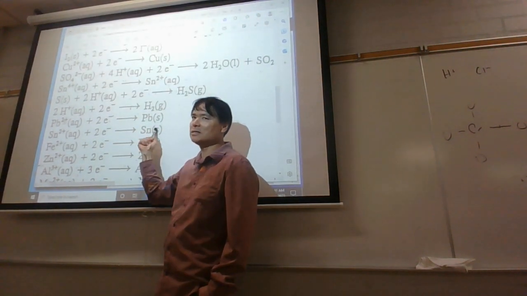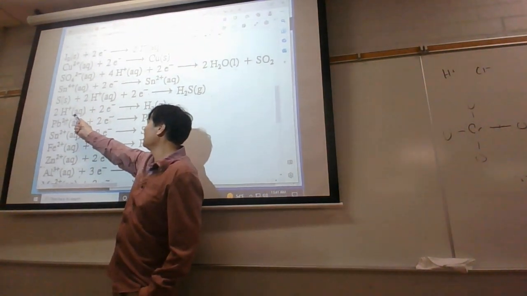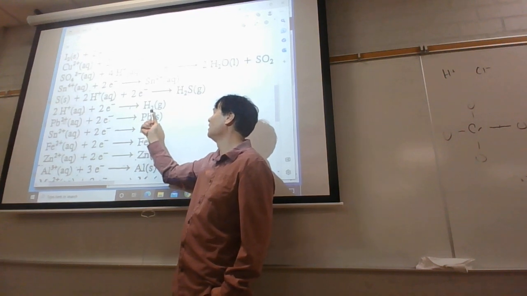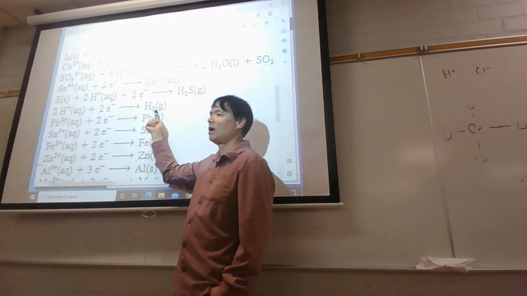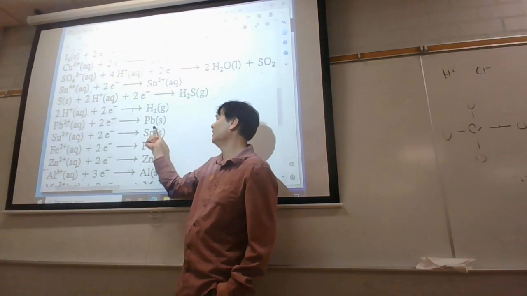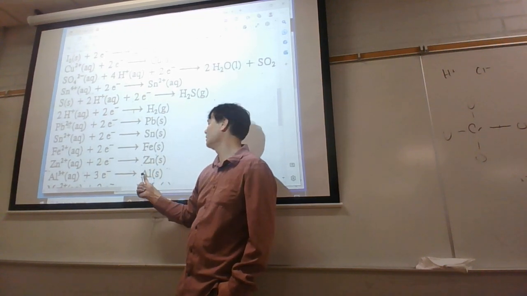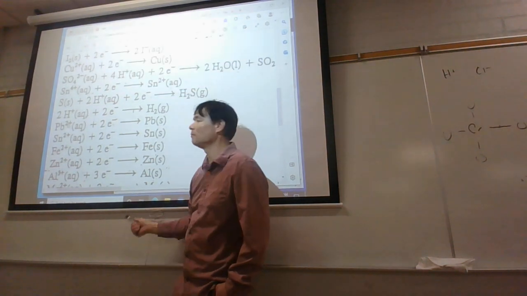So this is the zigzag method of the chart. What that means is H+, being an oxidizer, will oxidize anything that is a stronger reducer than H2. So H+ will oxidize lead, tin, iron, zinc, aluminum, etc., all the way down to lithium.